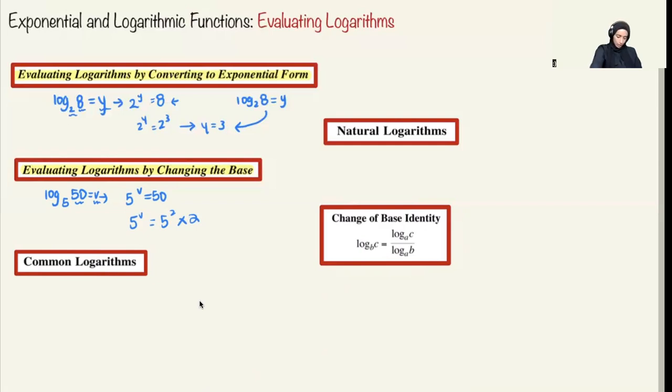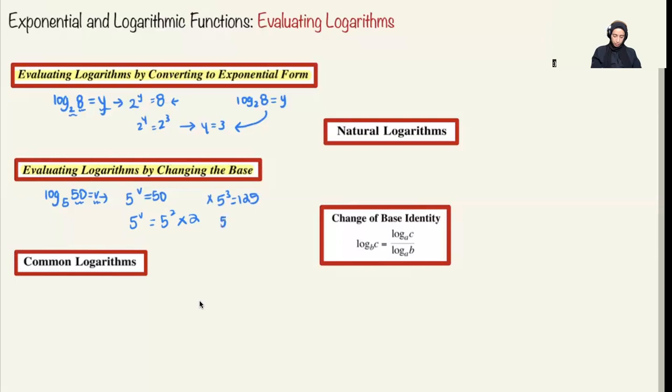So what if, instead of 5 to the power of 2, I try 5 to the power of something a bit higher? If I say 5 to the power of 3, that's 125, so this is not what we want.